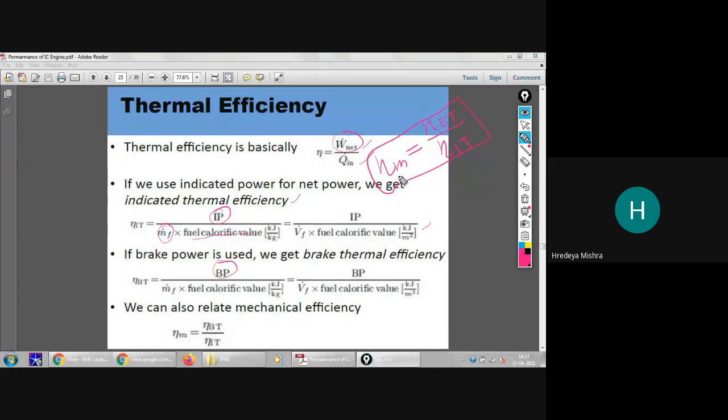So also we get here mechanical efficiency. This is mechanical efficiency. So for mechanical efficiency we get two formulas here: BP upon IP, and brake thermal efficiency divided by indicated thermal efficiency.